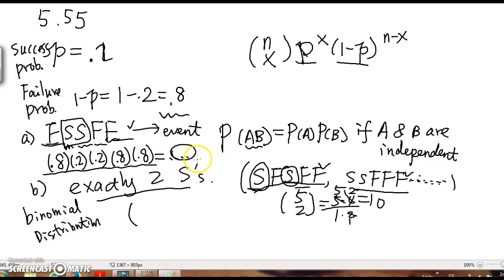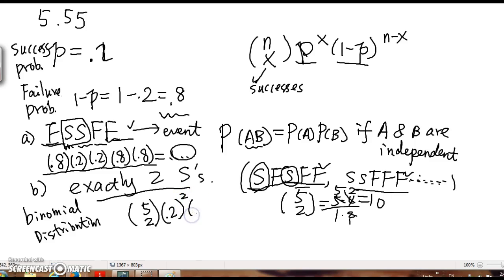So n is 5: 5 people, 5 trials. You're going to ask 5 people, each of them is a trial. And we select 2 successes. Always remember x here means how many successes, not failures. So we're going to plug in: p is 0.2, that's the success, raised to 2 successes.